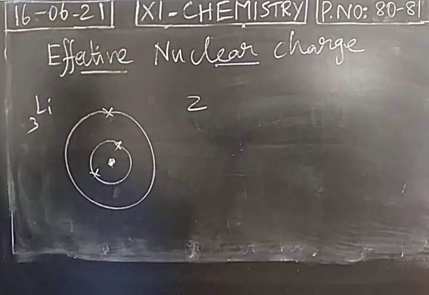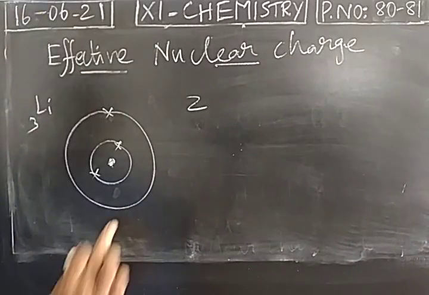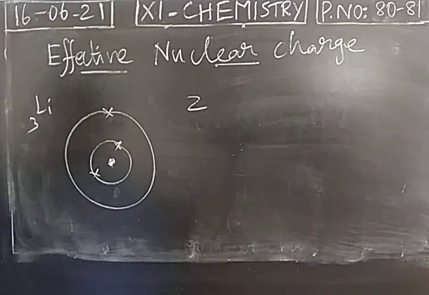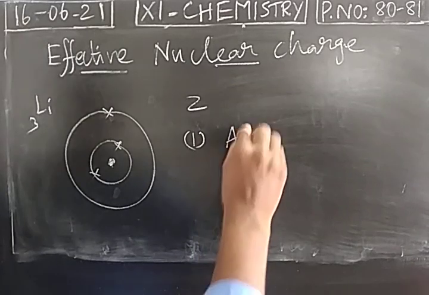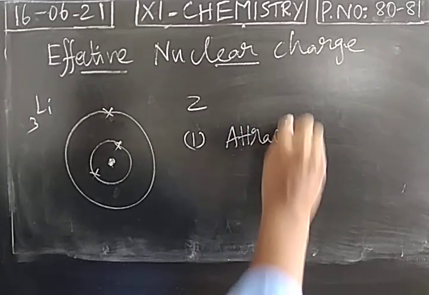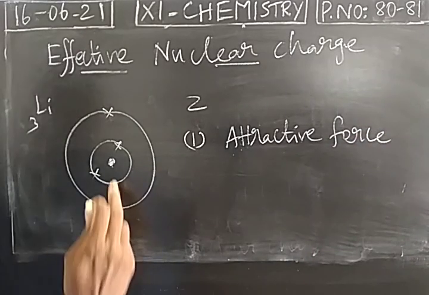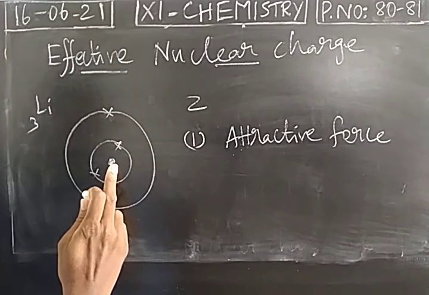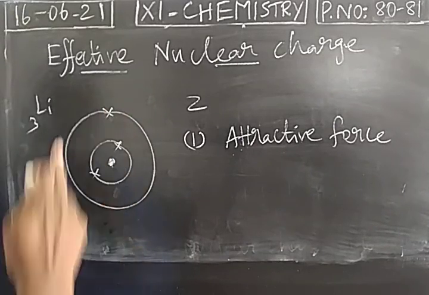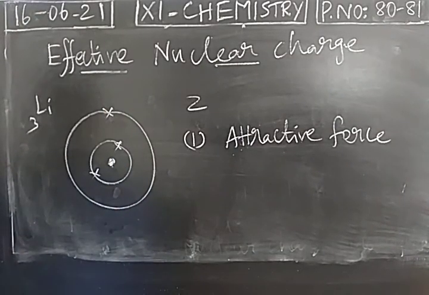So 2 types of forces will be acting in lithium. What are the 2 forces? One is attractive force. The nucleus has positively charged protons. Outside we have 3 negatively charged electrons.